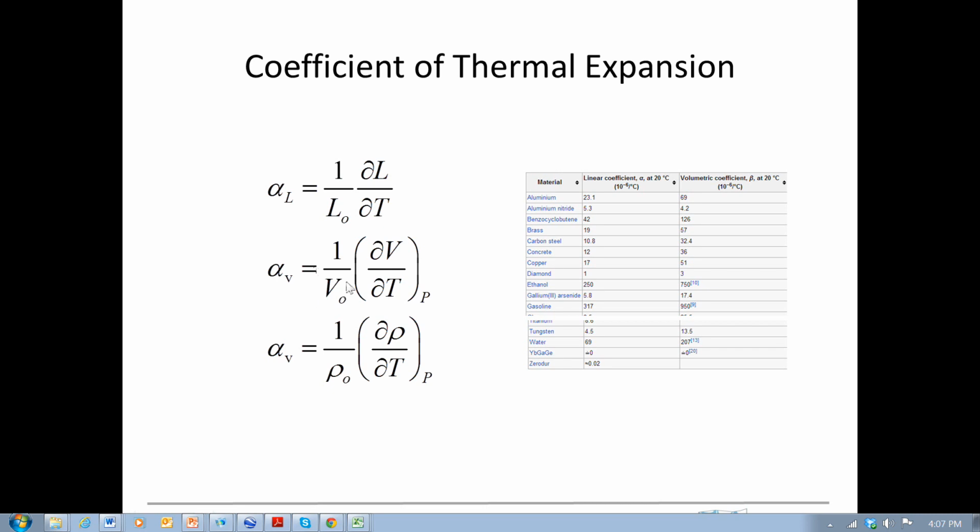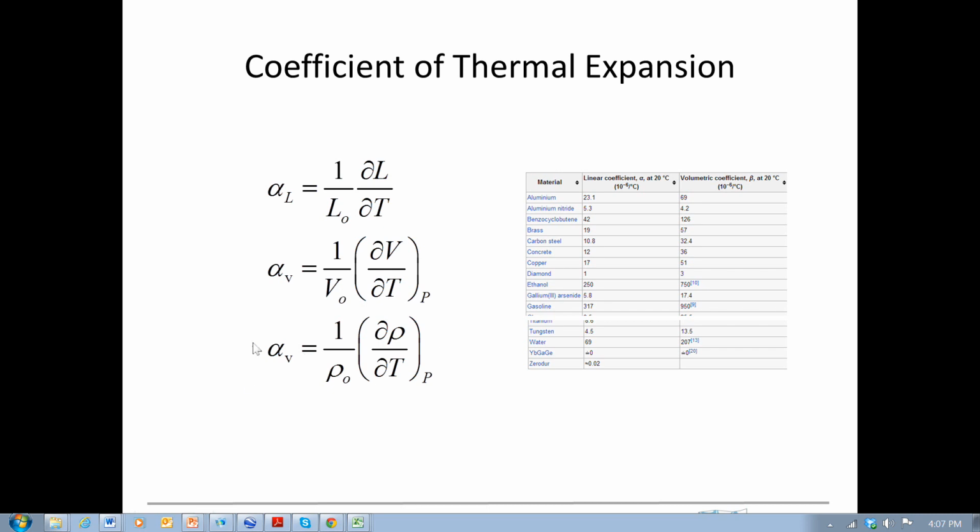And if you take this and multiply top and bottom by the mass and assume the mass doesn't change, then you also get the change in density with temperature at constant pressure, normalized to the initial density, is the thermal expansion.